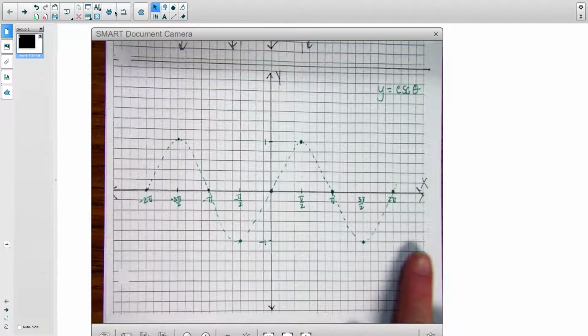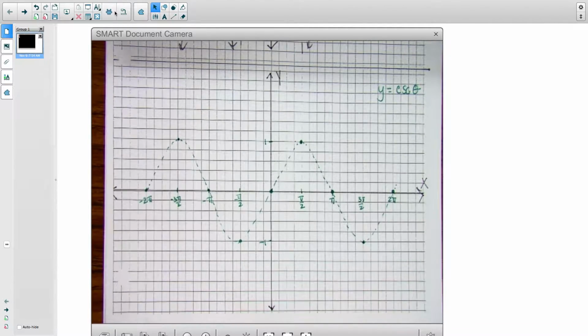So this is just the sine function, dotted in. Now where are my asymptotes?